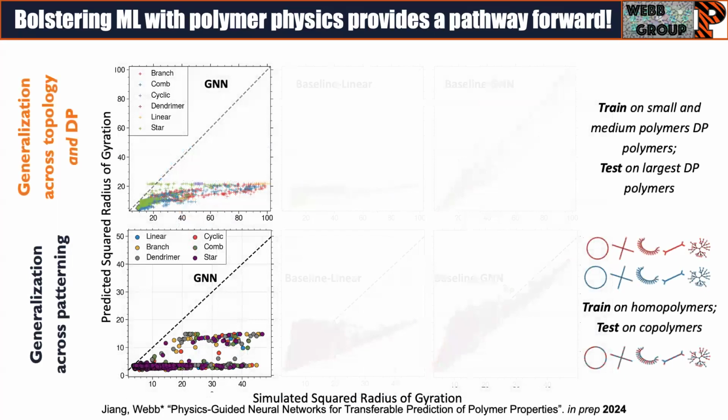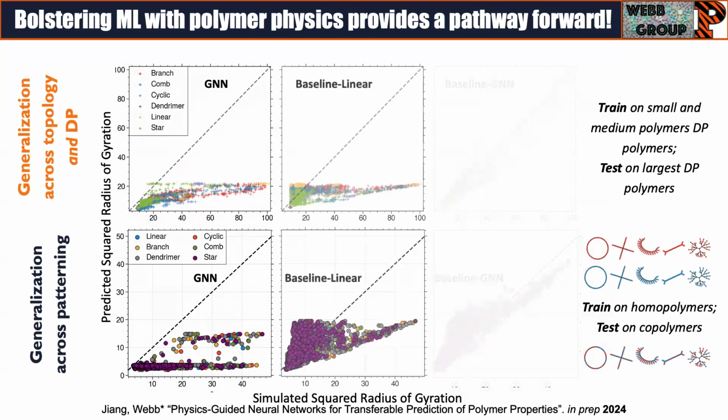And so this is a brief comparison to show that this works in terms of generalization across different degrees of polymerization. So here we're training on small polymers, and then we're testing on large ones. This one, we're training on homopolymers, and we're testing on copolymers. So we're looking at extrapolation type tasks, if you will. And this is how the machine learning does by itself. It sucks.